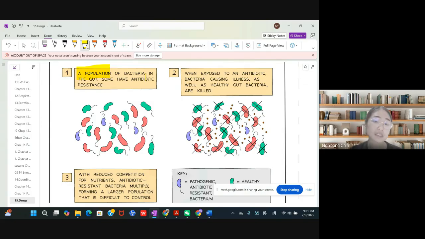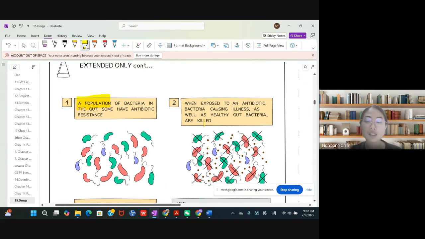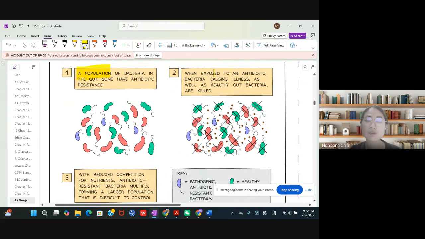And those bacteria have what we call genetic diversity. So when you consume the antibiotic, you actually expose the bacteria in your body to the antibiotic.